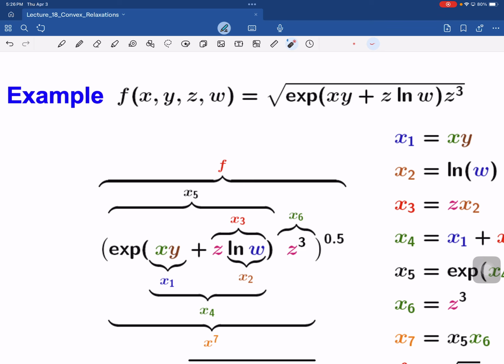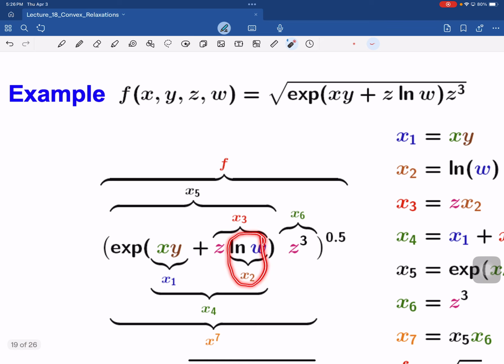So now let's replace log of w using x2, right? Now this term will become x2 times z, right? It is a bilinear function we do know how to derive convex relaxations for, right? And now let's replace z times x2 by x3. Okay.